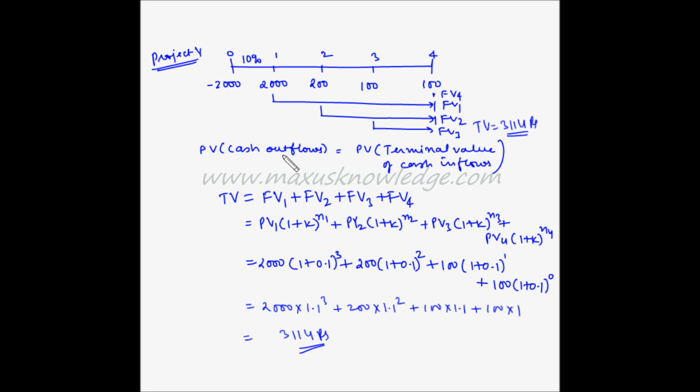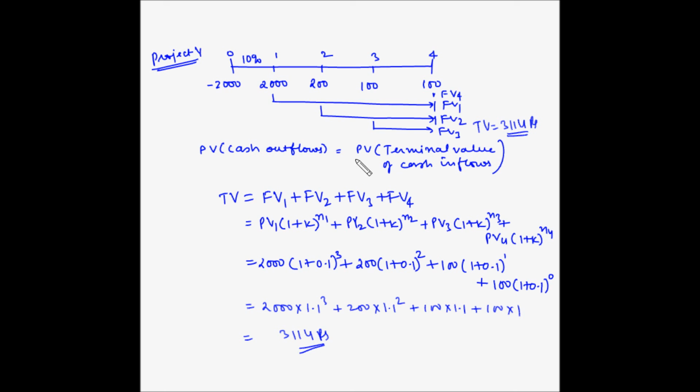Now we have to find the present value of that cash outflow. So the present value of that cash outflow will also be calculated at the cost of capital. In other words, the present value of cash outflows and the terminal value of cash inflows will be calculated at the cost of capital. And then we'll equate the present value of the cash outflow to the present value of the terminal value of cash inflows at the rate which is the modified internal rate of return.